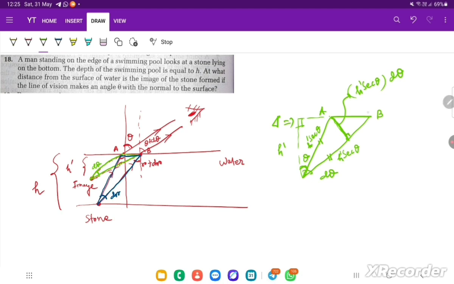And our final target is to find AB. I am trying to find AB from the green triangle and also from the blue triangle, and then trying to equate the two lengths. So this is h dash sec theta d theta, and this angle will be 90 degree minus theta.